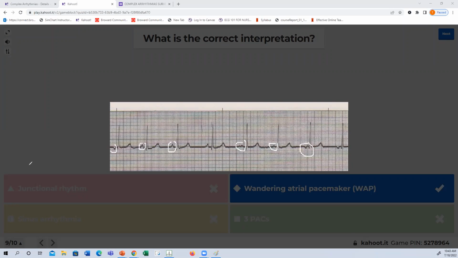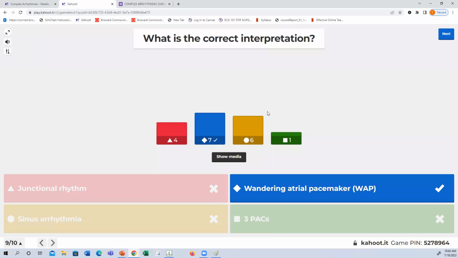So there are 3 or more configurations of the P wave. This is a manifestation, therefore, that the pacemaker is wandering. And therefore, this is aptly called a wandering atrial pacemaker.